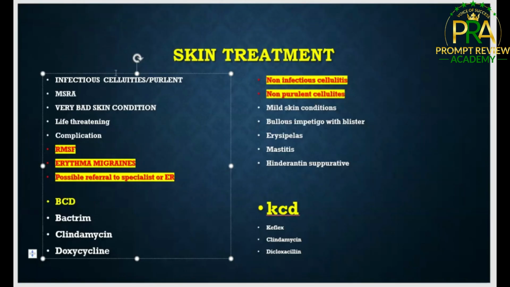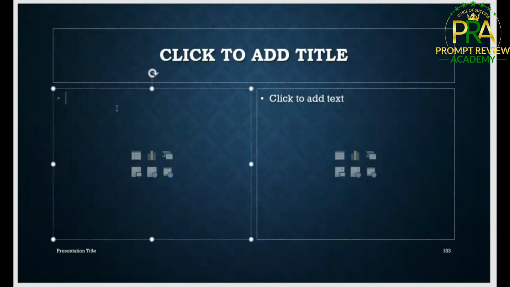So I'm just going to put it here for you to know. You can use BCD. It's not that you will not send them to the hospital, but it depends on the case. Like we said, if it is a complication, if it is MRSA, if it is life threatening, if it's something where you feel I'm not going to leave this person like this, think about BCD.